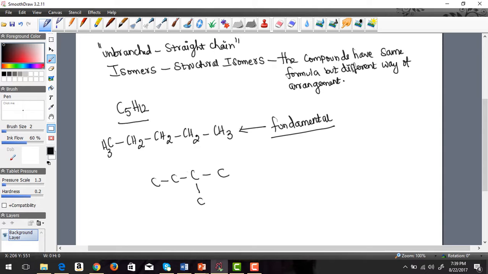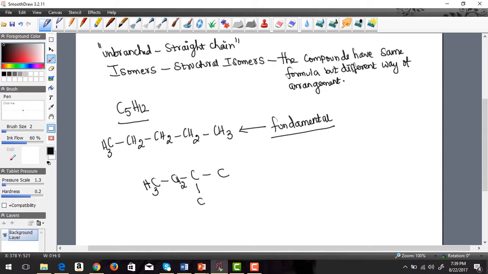Keep in mind, every carbon on the outer side has 1 bond, so it will have 3 more, meaning 3 hydrogens. This carbon has 2 bonds already, so it will have 2 more hydrogens.